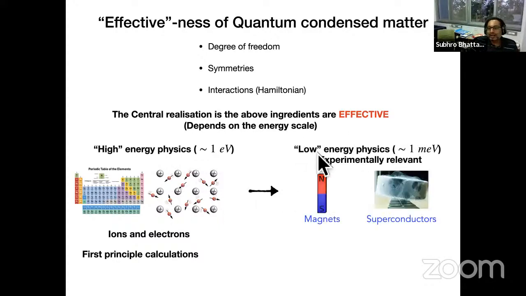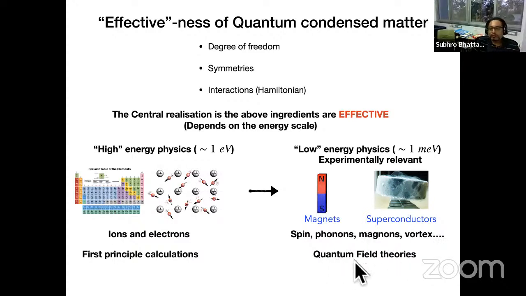But once we start thinking about low energy physics of the order of 1 meV or so, which often is experimentally relevant, we often need to think about low energy degrees of freedom like spins, phonons, magnons, vortices, etc. And in that case, the language of quantum field theories often becomes very useful.